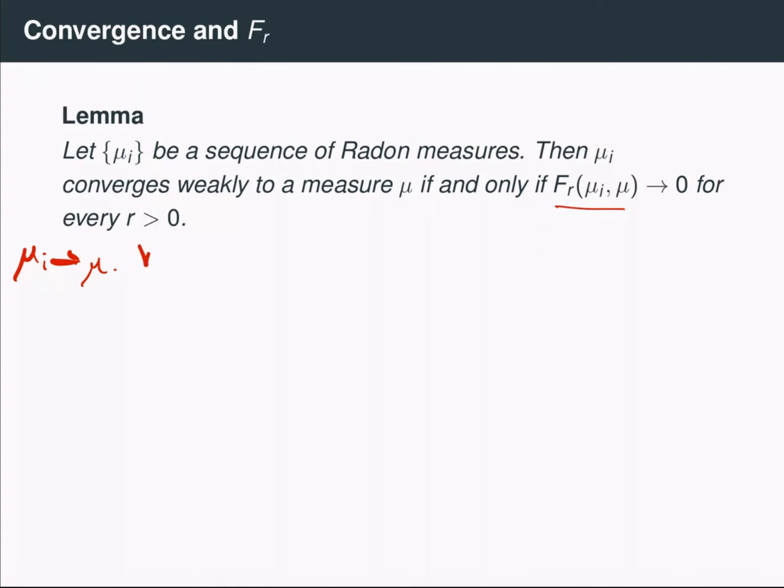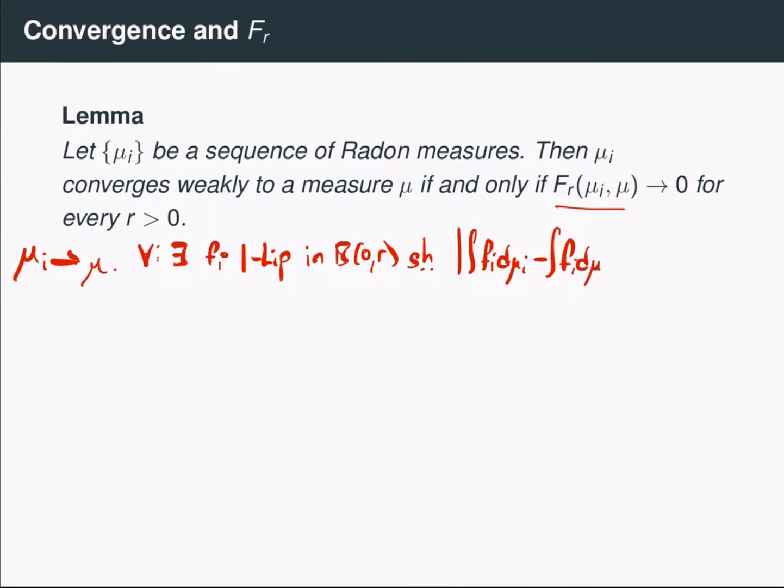So for all i, there exists f_i that's 1-Lipschitz and supported in the ball centered at 0 of radius r, such that the integral of f_i d mu_i minus the integral of f_i d mu is greater than F_r of mu_i, mu minus 1 over i.